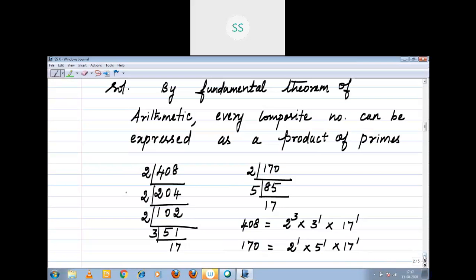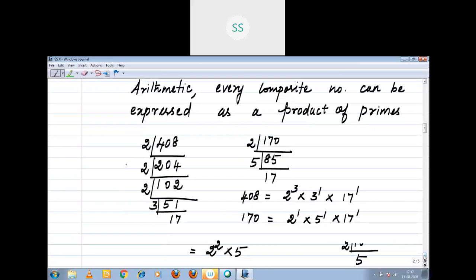There is an easy way to do that, children. Now you see, the least power of each common prime is what we take for the HCF.